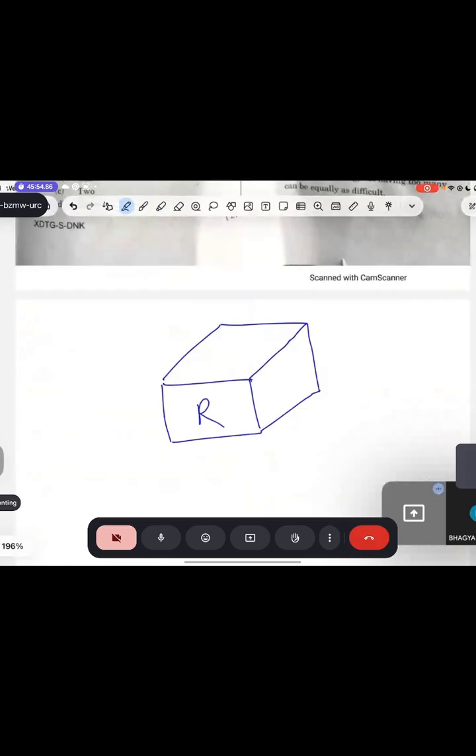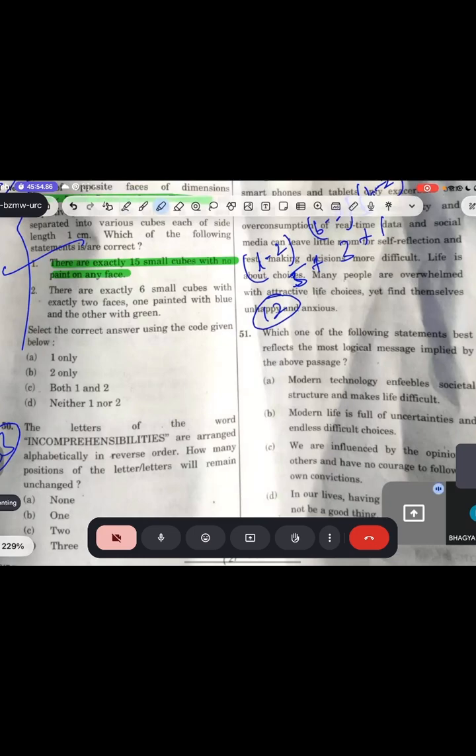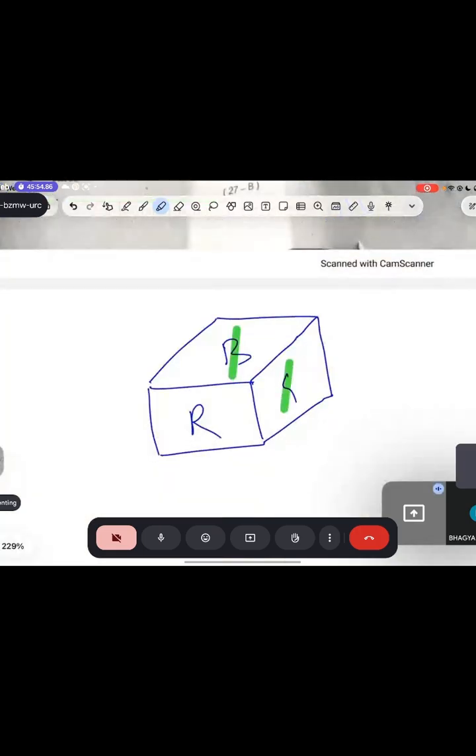The question is saying, be practical here: there are 6 small cubes with exactly 2 faces painted, one blue and one green.